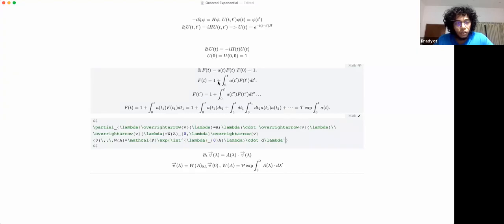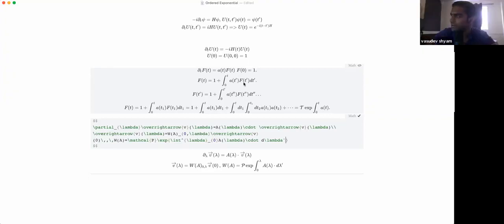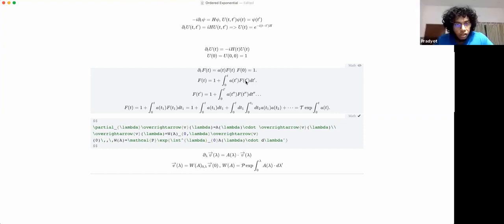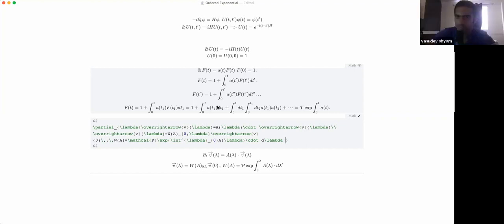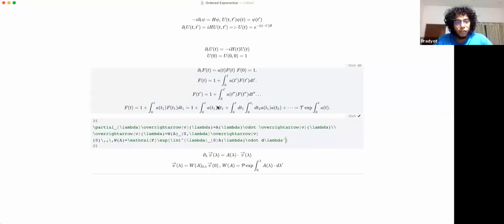But when you're actually talking about the f, which is dependent on t prime, in the last line we see that f is dependent on t prime. So you say that f depends only on A's at the end of the day. Exactly, you're setting up f in terms of A's only. Yeah, that's the point.